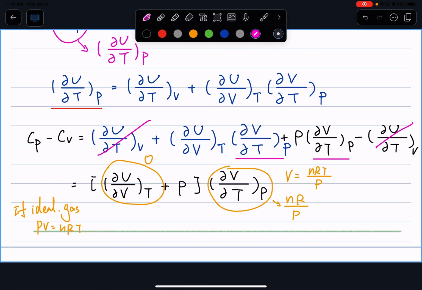And this pressure will cancel out with each other. So the difference between Cp and Cv for an ideal gas now becomes nR. Well, you have a P on the bottom, and then you have a P on the top, so yeah.